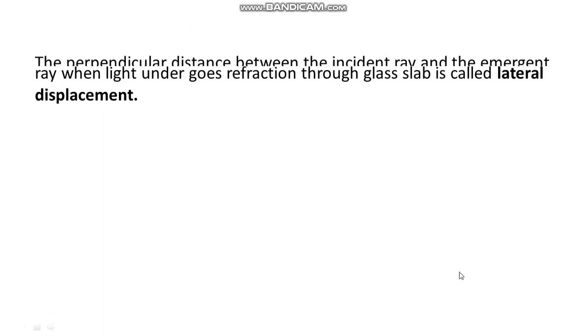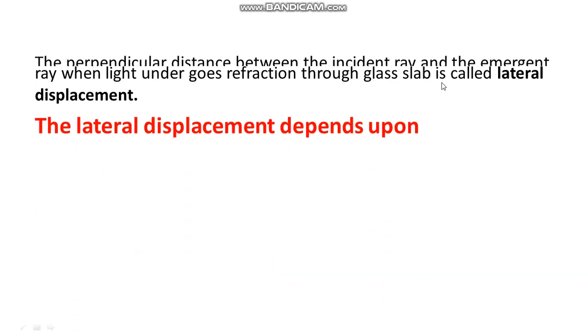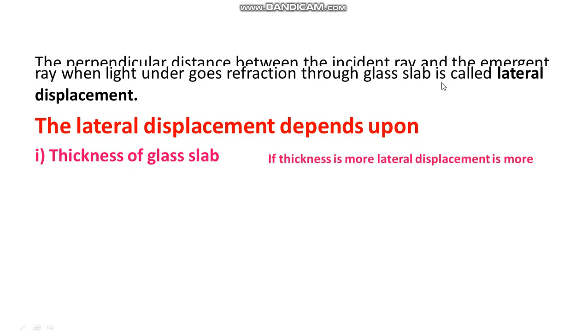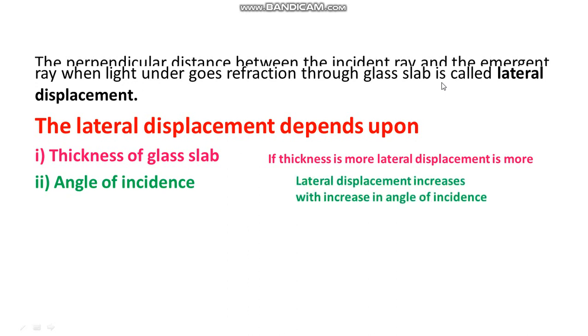So what you learned is, lateral displacement means what? The perpendicular distance between the incident ray and the emergent ray when light undergoes refraction through a glass slab is called lateral displacement. Lateral displacement depends on what factors? First, the thickness of the glass slab. If thickness is more, lateral displacement is more. Second, the angle of incidence. If the angle of incidence is more, then lateral displacement is also more.